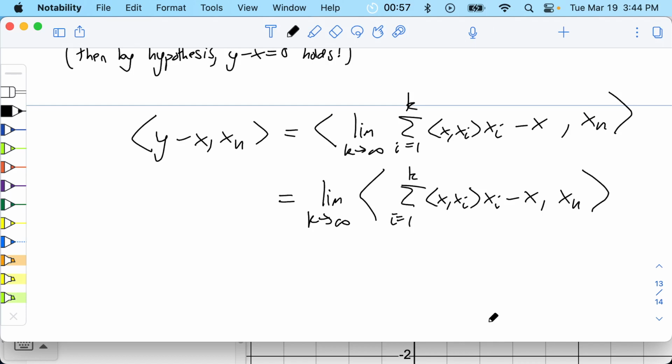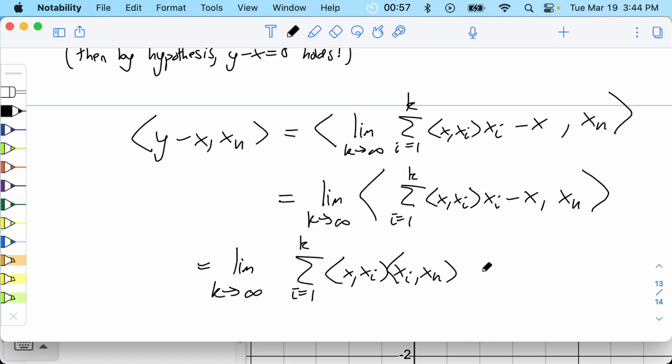Okay. This inner product I can split up again. The limit as k goes to infinity, you have the sum i equals 1 to k of xi with xn, and then you have minus x with xn as a separate thing. This is the same exact kind of inner product we did before, where we said things are all 0, right?